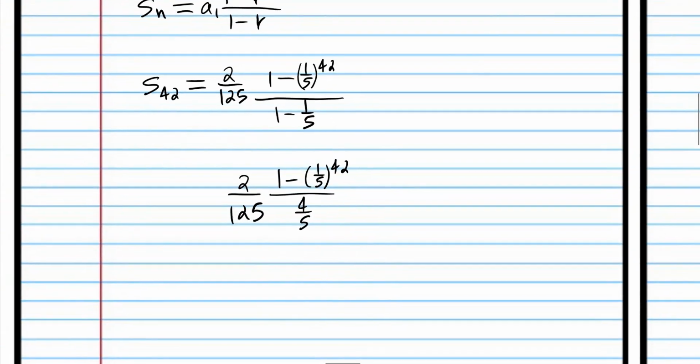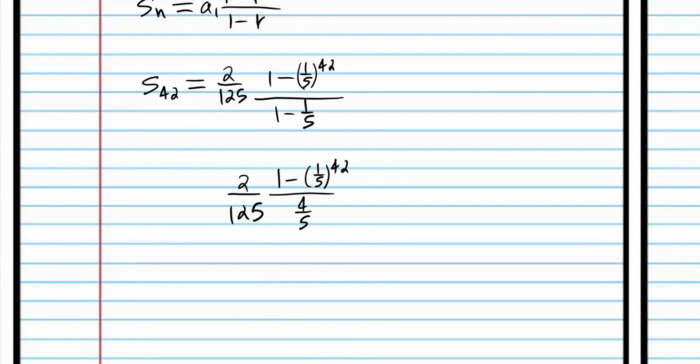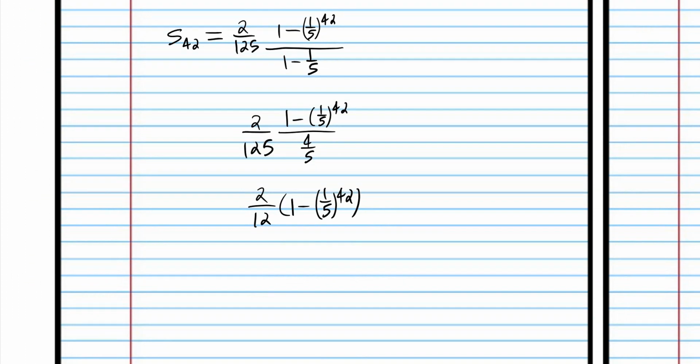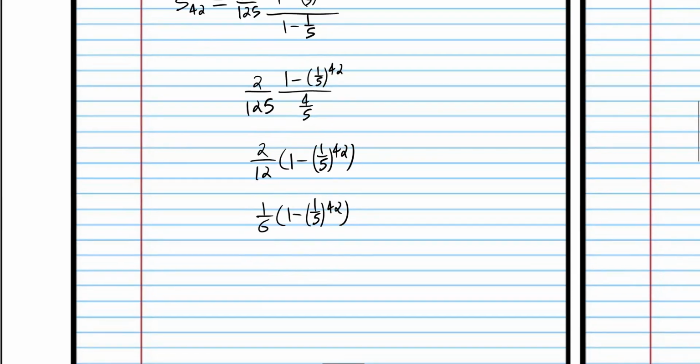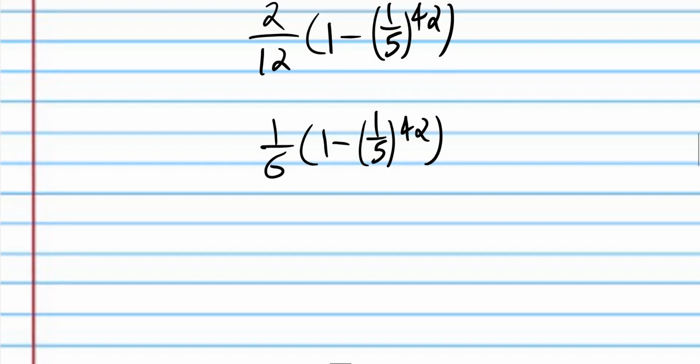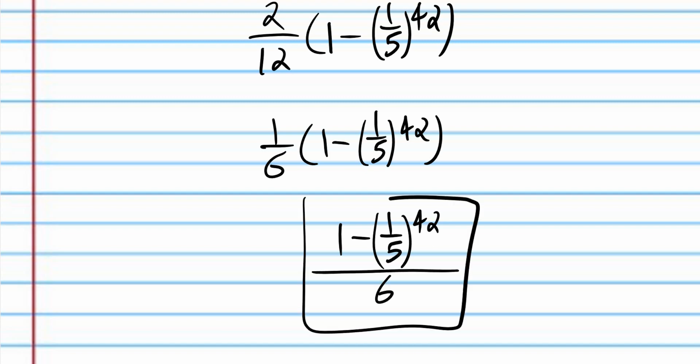And so I'm going to multiply these two, and if we do that, we get 12 in the denominator. A lot of different ways to think about how to simplify this expression, but we end up with 1 over 6. And you can just combine that to one expression and say 1 minus 1/5 to the 42nd power all over 6. There you go.